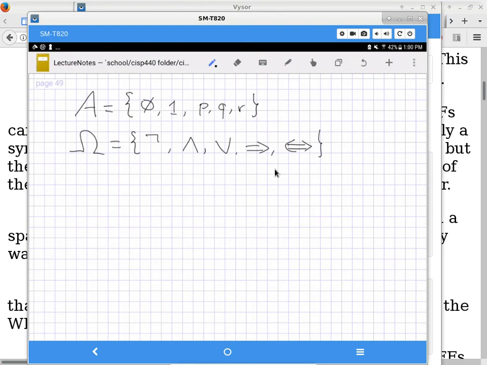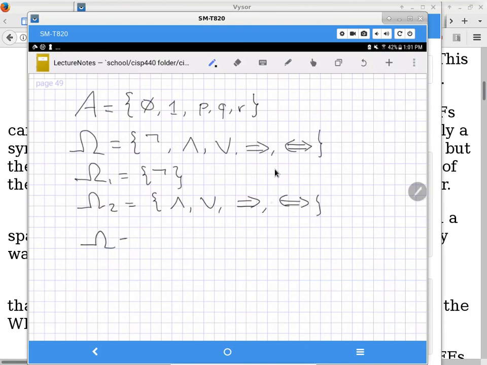So if I want to be more specific, I can say omega 1 is just negation itself, omega 2 is conjunction, disjunction, implication, if and only if, and then omega is omega 1 union omega 2. It is just the union of all the omegas. Is that okay? Yeah. All right, cool.